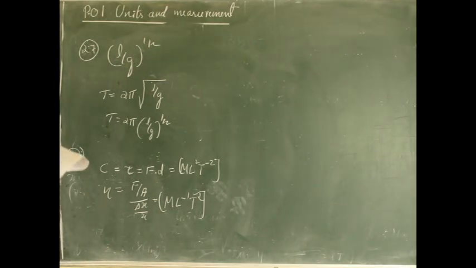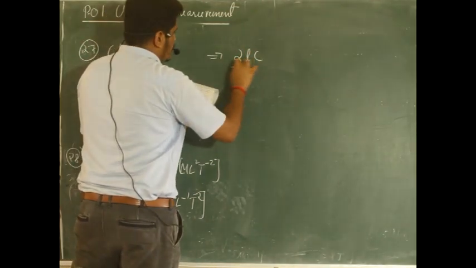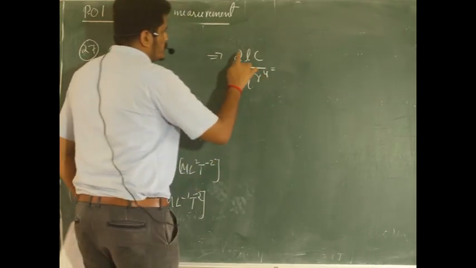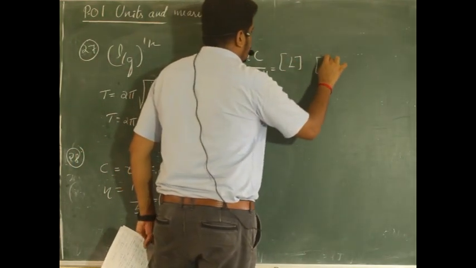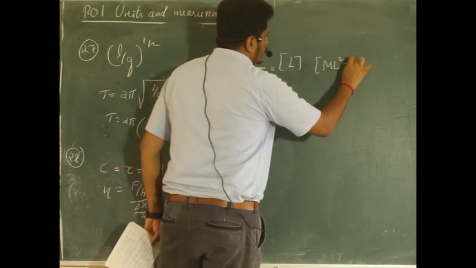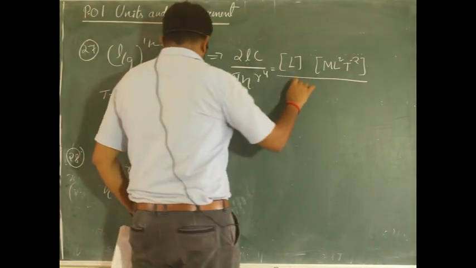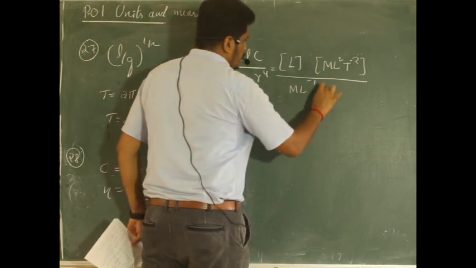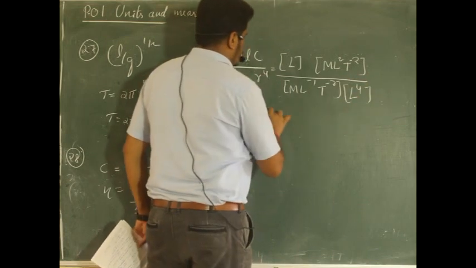Now what they are asking in the question is the dimension formula of the equation which is given. So what is the equation they have given there? This is 2LC divided by pi eta r power 4. That means 2, leave it constant, L just L length, C means couple, that means torque, ML square T minus 2 divided by, next what is there, pi means a constant, leave it, eta means rigidity modulus, that means ML minus 1 T minus 2, R4, that means L power 4, this much remains.